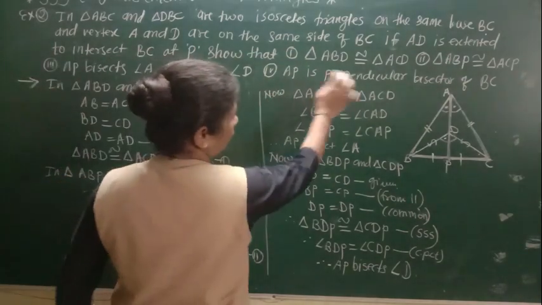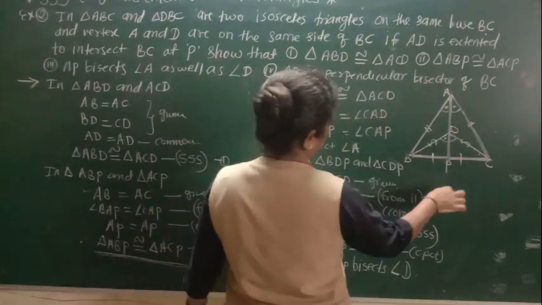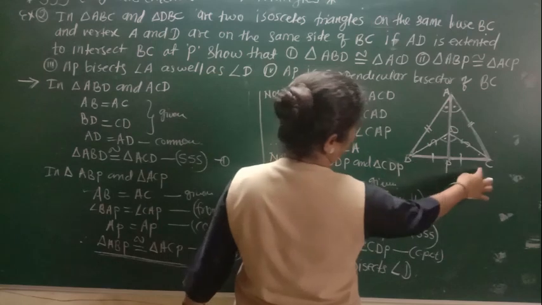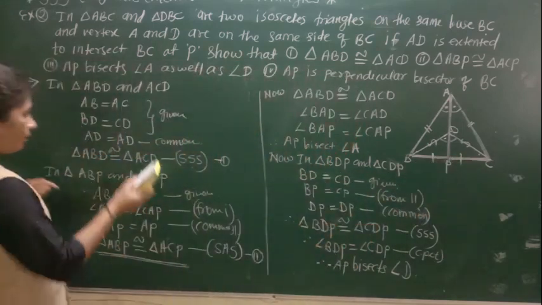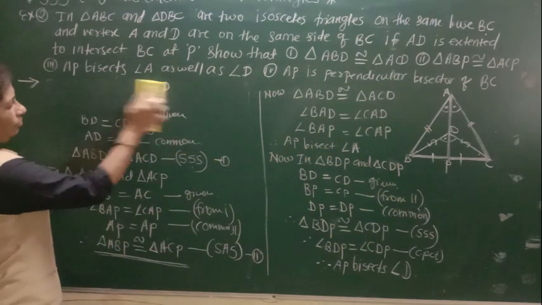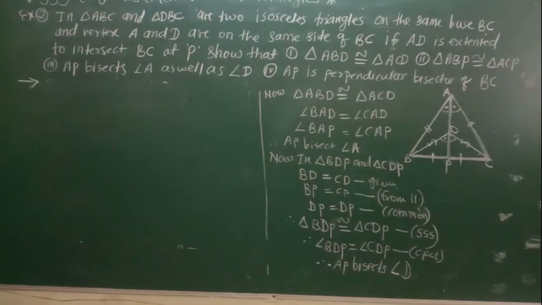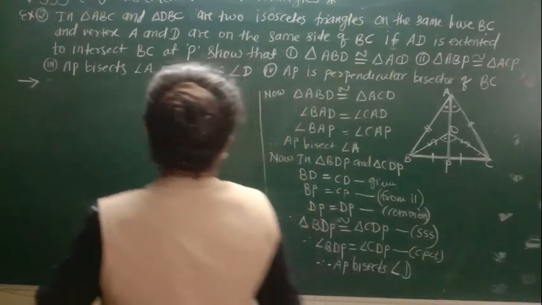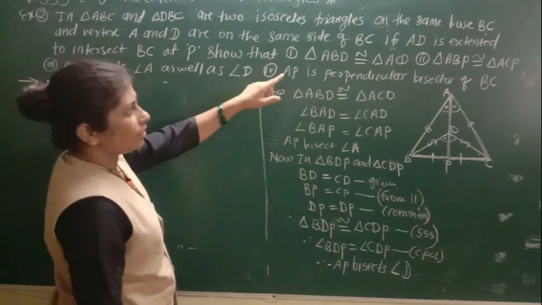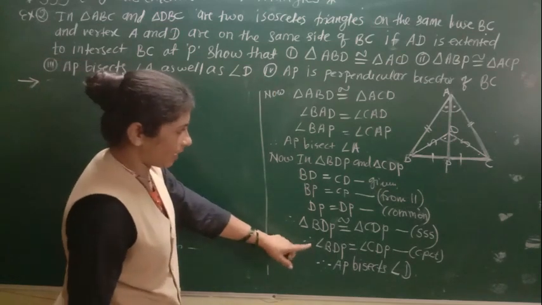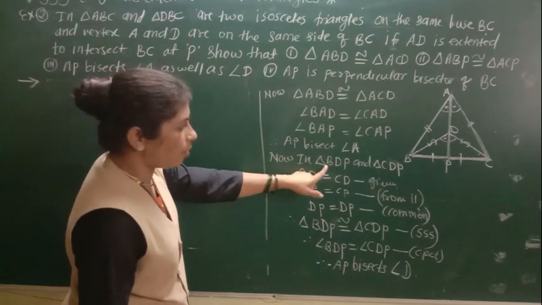Okay, so this we have put as the third one. To prove the fourth one, AP is the perpendicular bisector of BC, we have to take these two triangles we have proved.